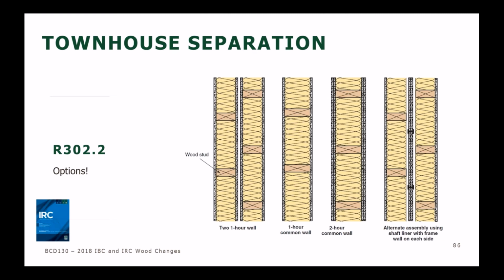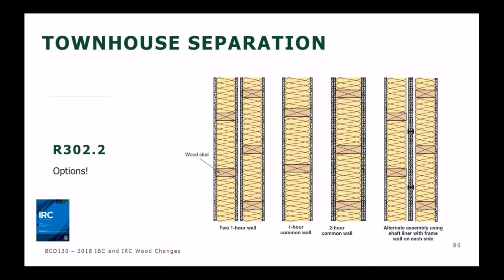You can have 2 separated 1 hour walls. You can have, if there's sprinklers in both of the townhouses or that are connected to one another, you can have a 1 hour wall. If there are no sprinklers, which is most of the country currently, you have to have a 2 hour wall.